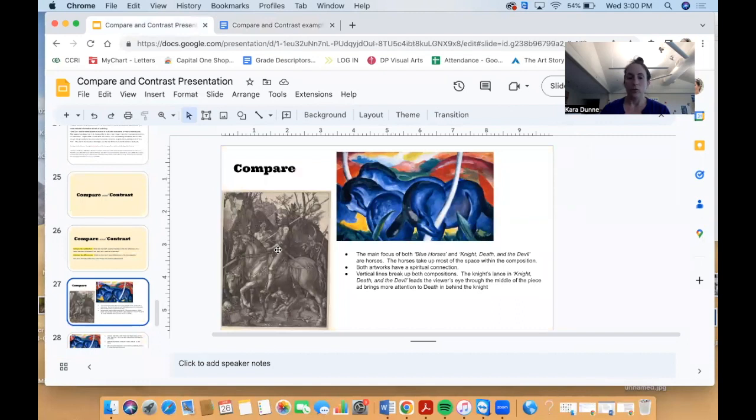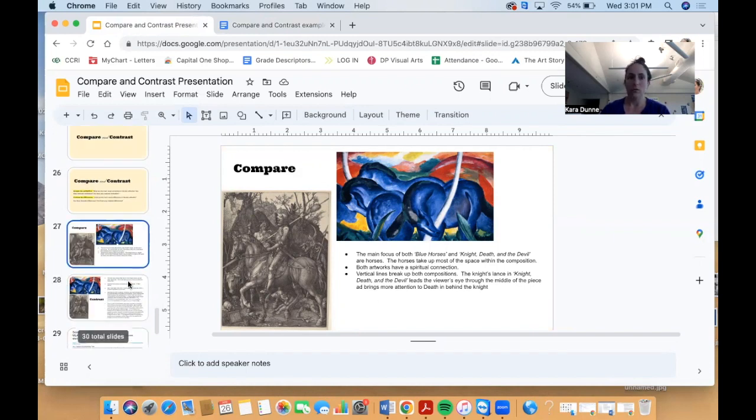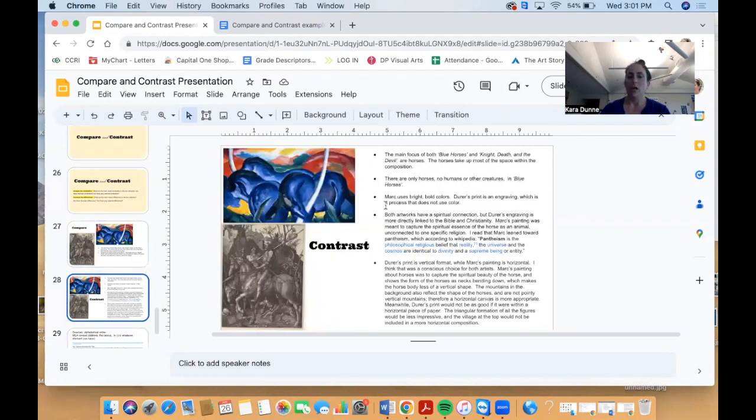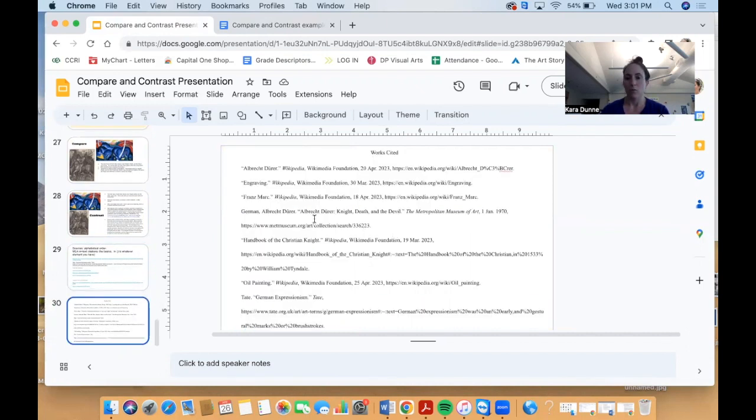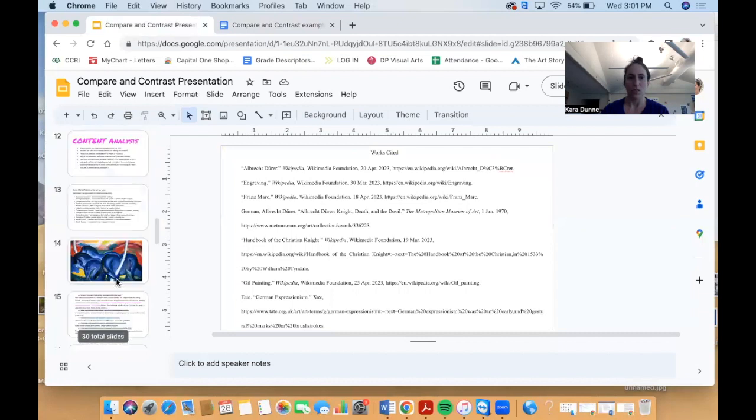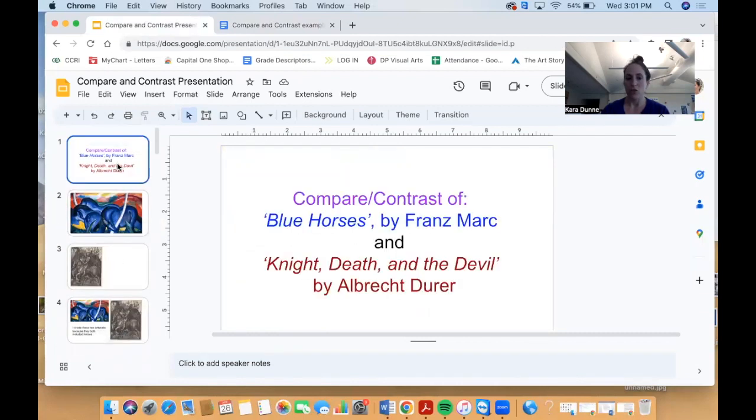You make sure that you put the two artworks together on the same slide, put the word compare and your bullet points of how they are similar, and then contrast and how they are different. And then we'll talk a little bit more about works cited page at the end of your presentation. That's how your presentation should be laid out. We will talk more about how it's going to run during the final exam of actually presenting this information to the group.